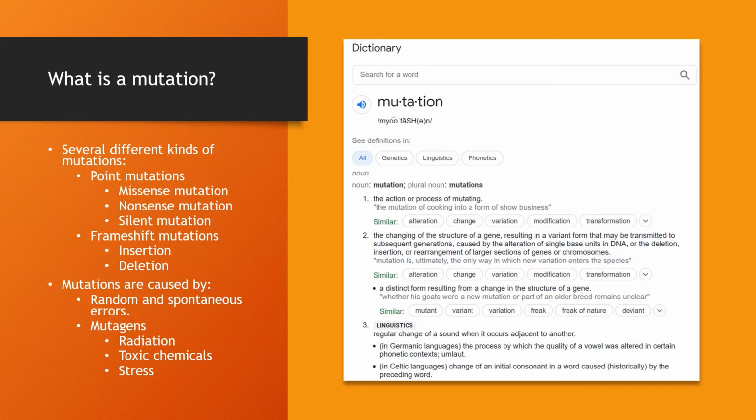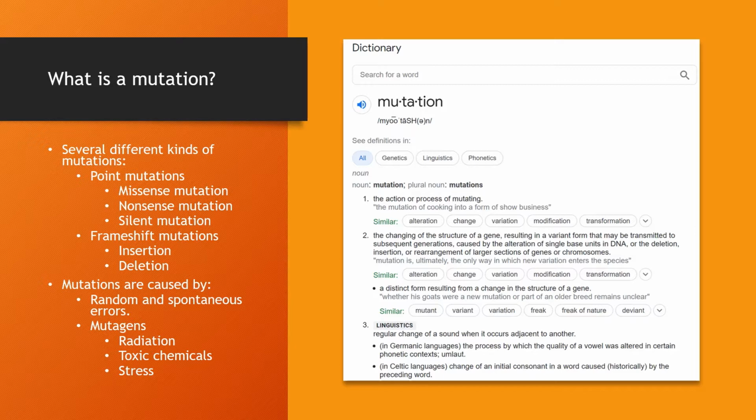form. So there are several different kinds of mutations, and I've grouped them here into two different categories: point mutations and frameshift mutations. Point mutations are just the changing of a single nucleotide or small groups of nucleotides. I'm grouping them as just a single point.